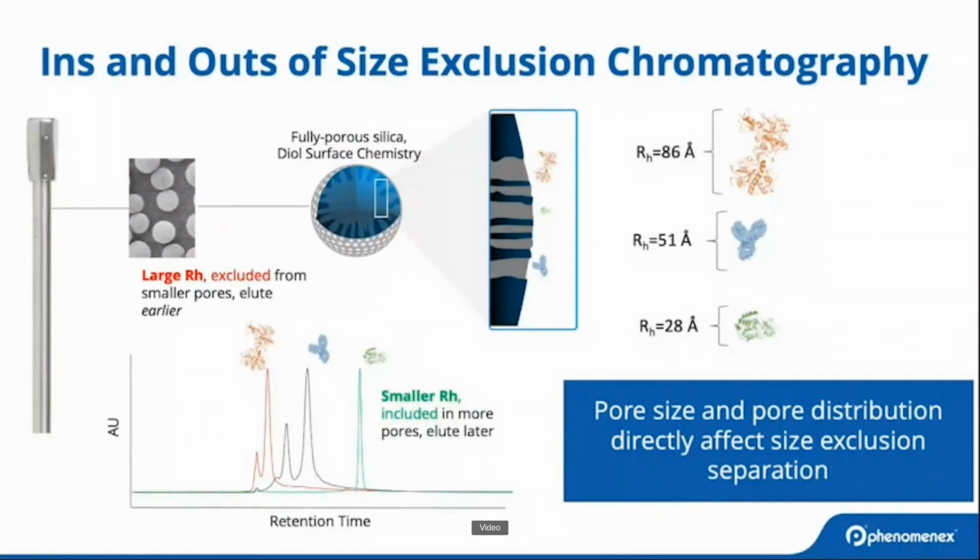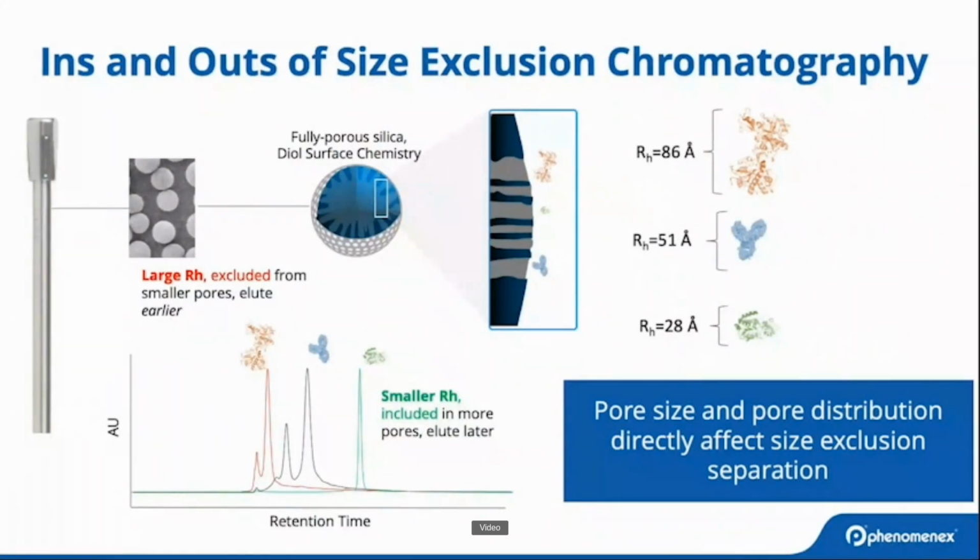It has a larger hydrodynamic radius, so fewer of these pores are available to it. Smaller analytes ingress and egress into and out of more of the pores and to a greater extent than those larger analytes, which is what results in this later elution time for size exclusion.